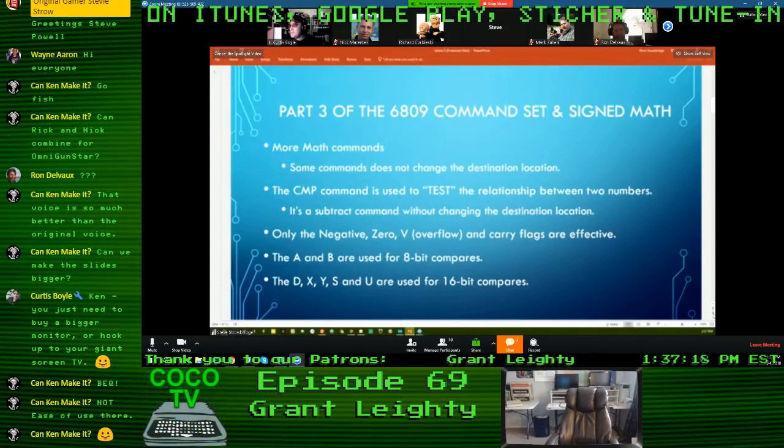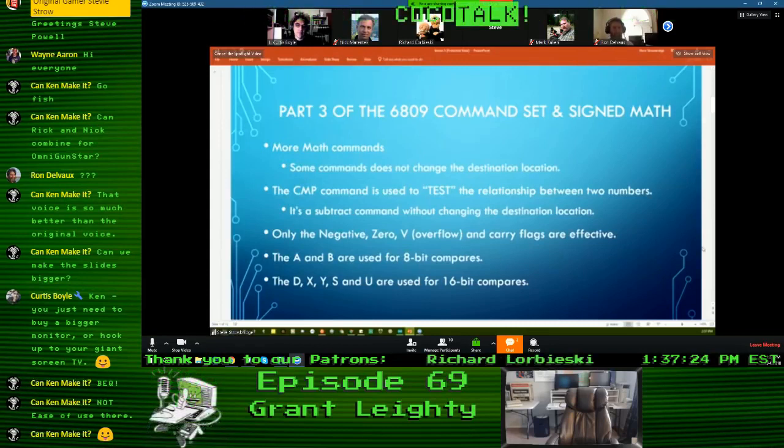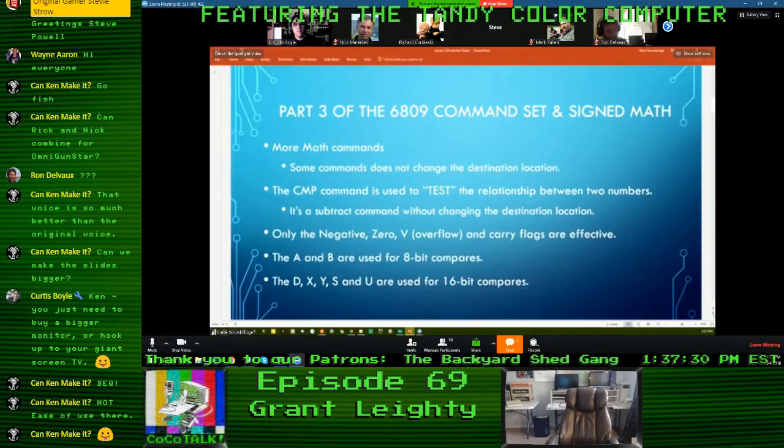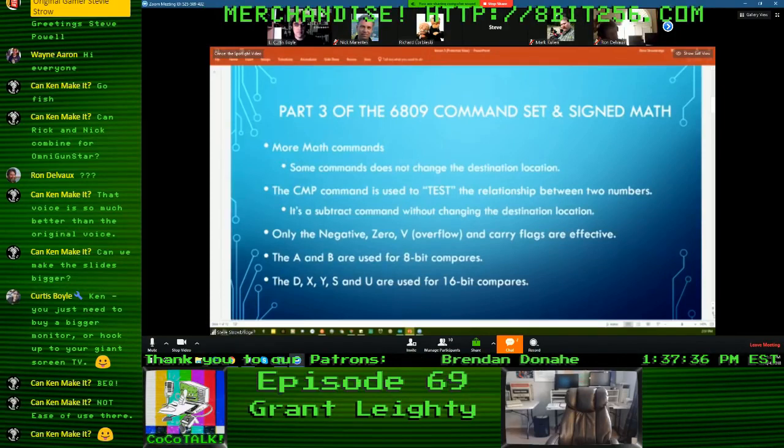The half carry is not. But the idea is that you're comparing one number, which is either in the A or B register if you're doing 8 bits, or in the D, X, Y, S, and U registers if you're doing 16 bits.